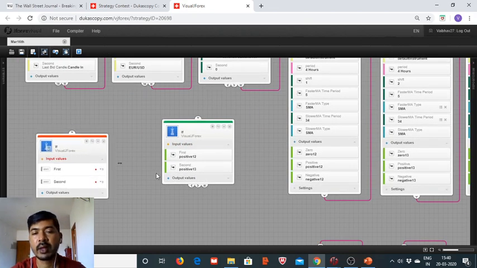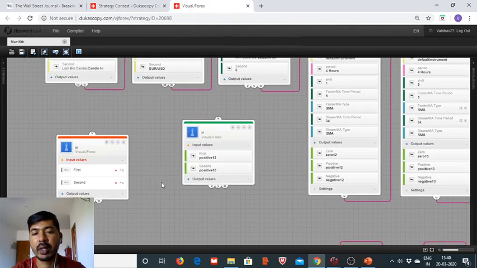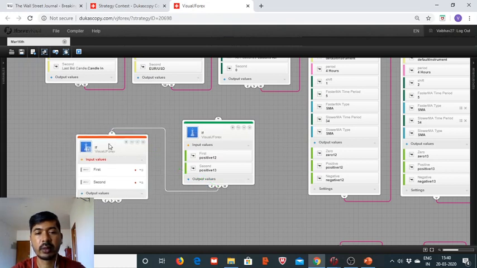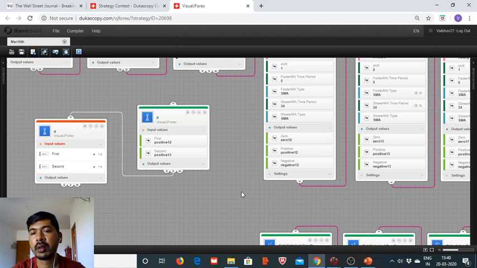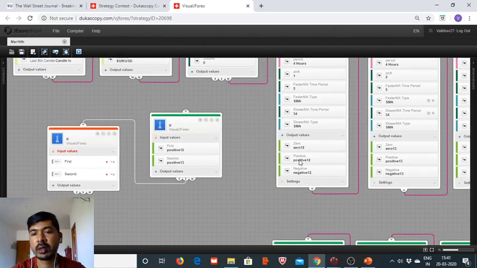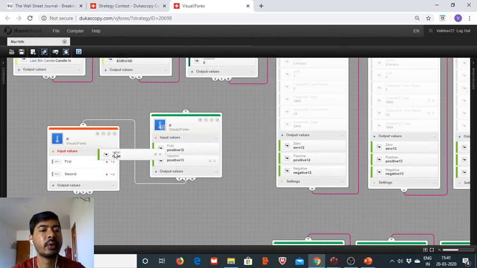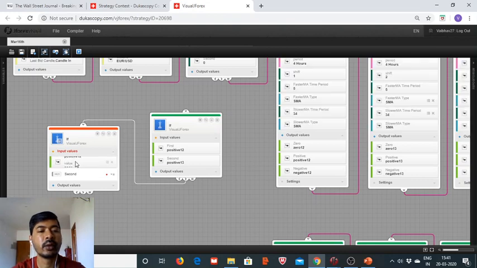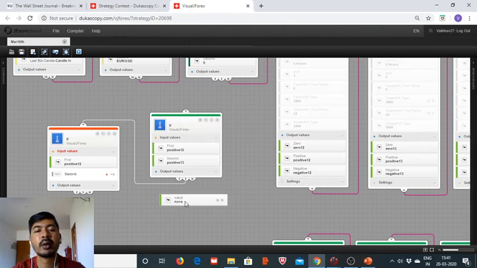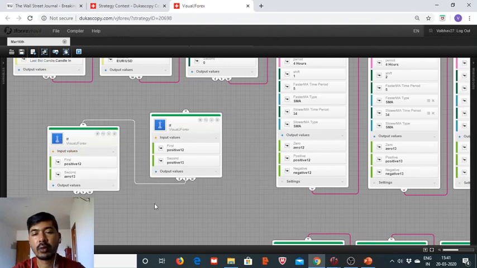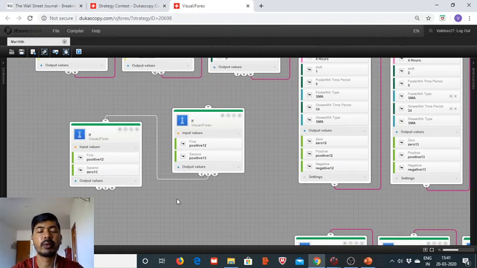So the last candle will be compared to the candle prior to that, and we want it to be greater. So the first input is greater than the second input. Again, we want the current positive value to be greater than 0 also, so it will work both ways.